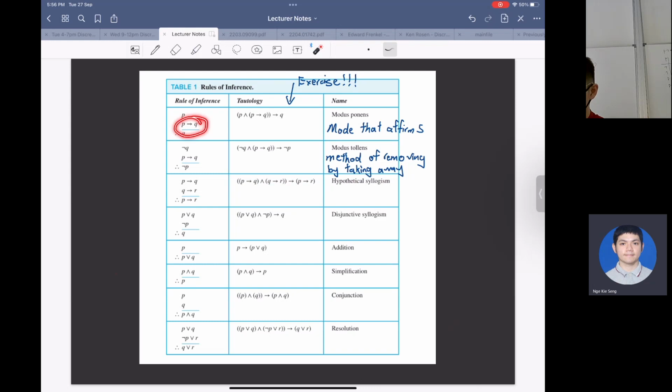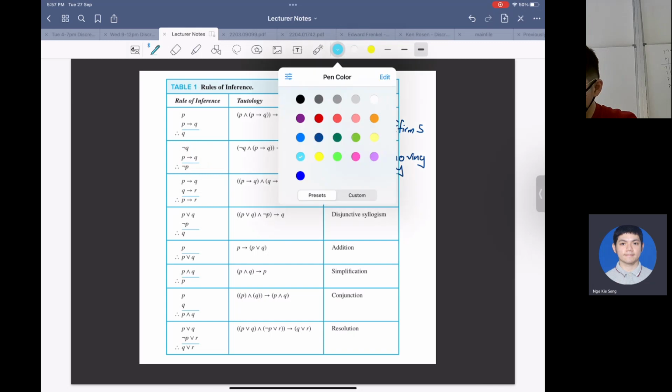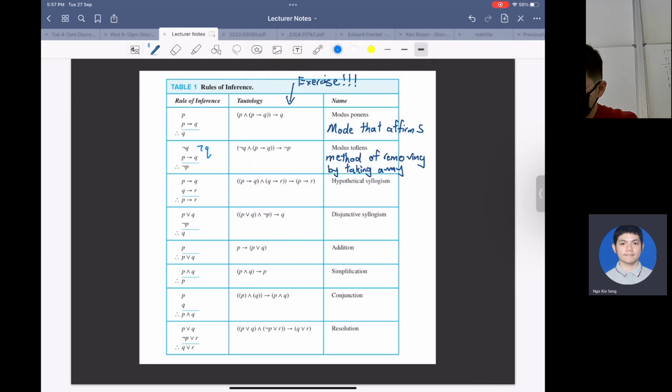Like what I said just now, if you have P implies Q is true, and you have P, then you can get your Q. And the other thing is if you have P implies Q, and you have not Q, then because this is equivalent to not Q implies not P, you get not P. And then this is transitivity: if you have P to Q, and Q to R, then you can go straight from P to R.